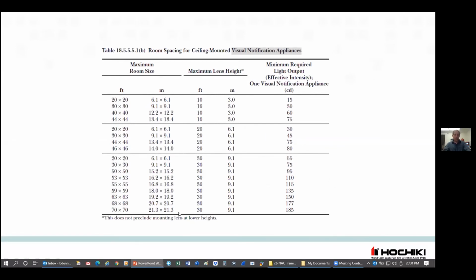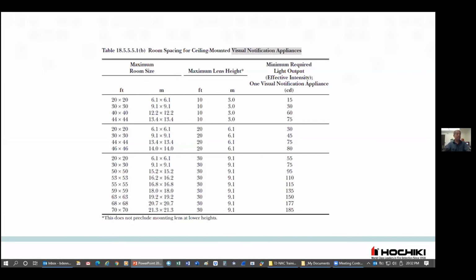So if I have this room that's 21.3 square meters, and I'm going to mount my strobe 9.1 meters above the floor, my strobe needs to be at least 185 candela to cover that room properly. If my ceiling height is greater than 9.1 meters, I'm going to have to suspend the strobe down so that the strobe does not exceed 9.1 meters from the floor.